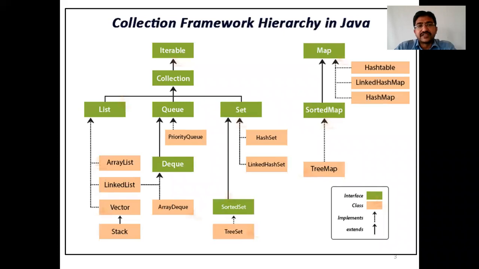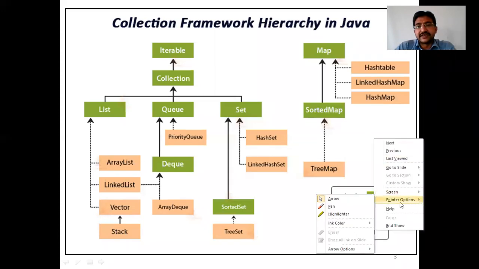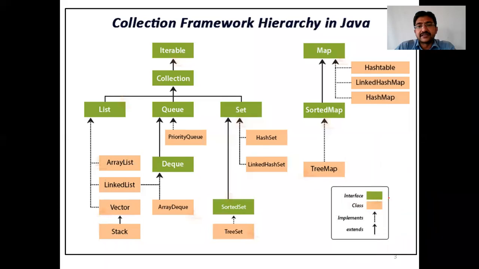If you observe this figure closely, the entire chapter will be understood clearly, and we are going to focus on that. The color indicates the type of symbol: the green color indicates an interface, and the light cream color is a class.